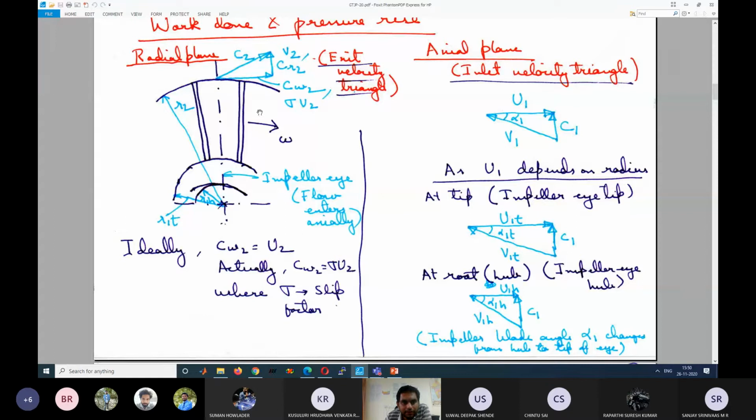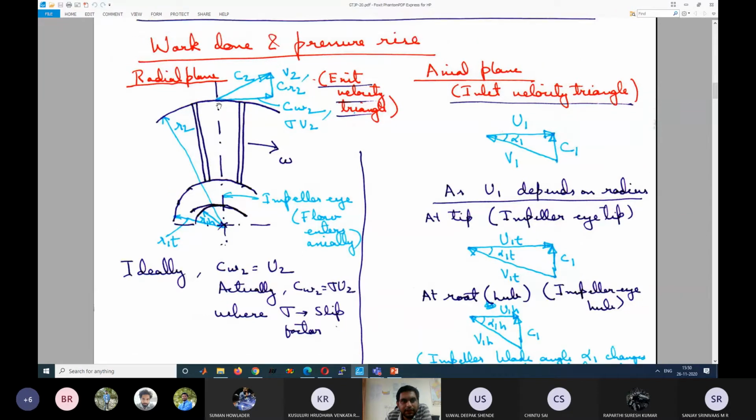Okay, so the velocity at the end, the velocity relative to the impeller, is CR2. Okay, or actually it is V2. Relative velocities we will denote by the symbol V. So at this point the relative velocity is V2, and the velocity of the blade is U2.